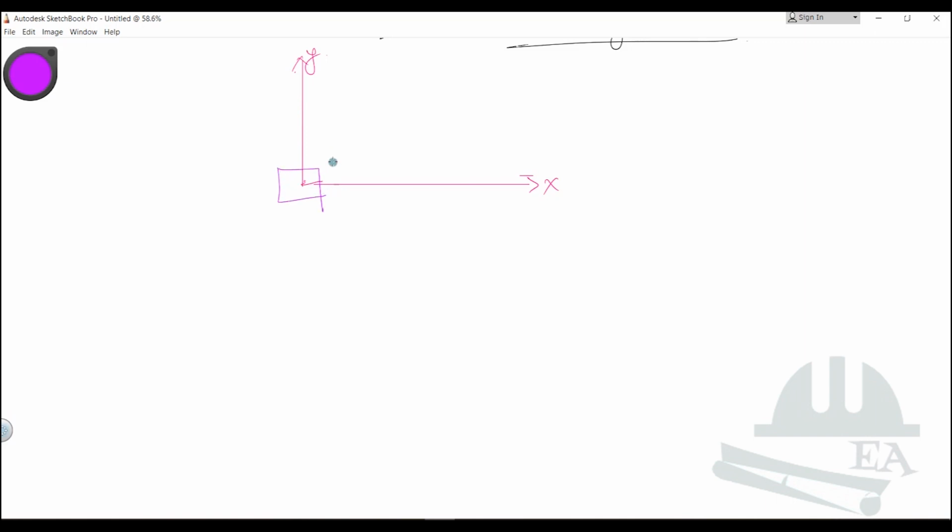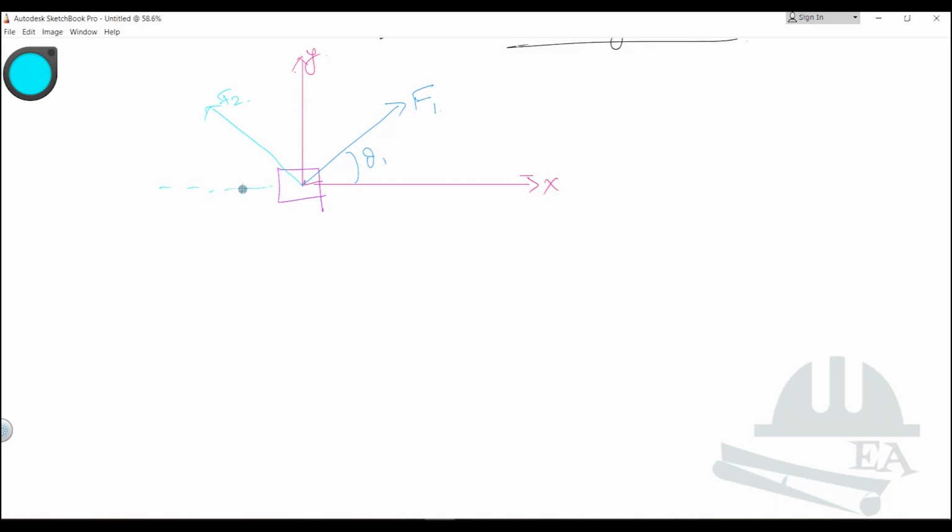Now let's say we have a force acting in this direction, and this is force F1. We know this angle theta 1, so you can find the force in the x direction and the force in the y direction. Similarly, we have a force in this direction, and let's say this is force F2.